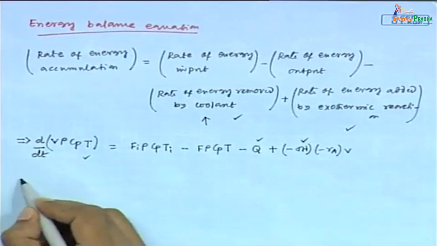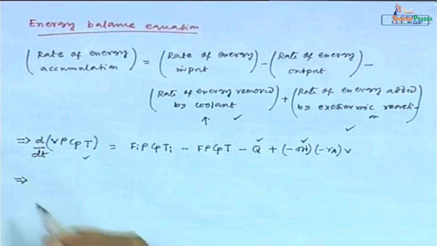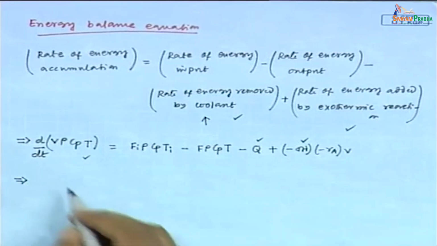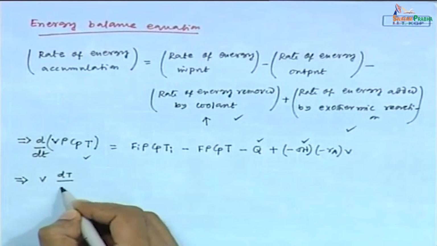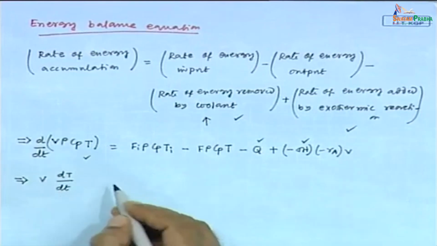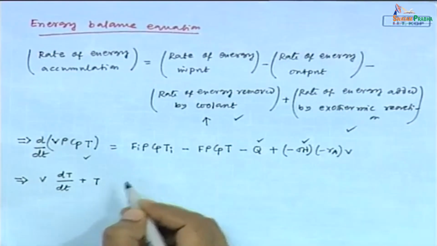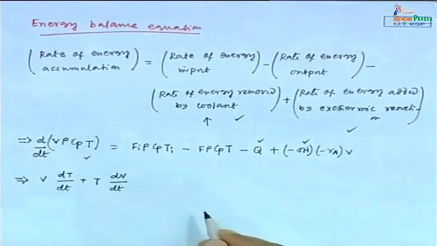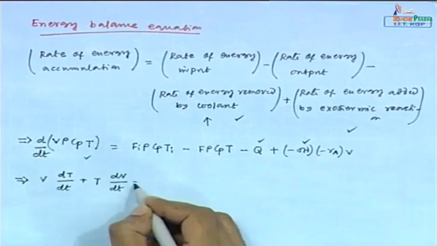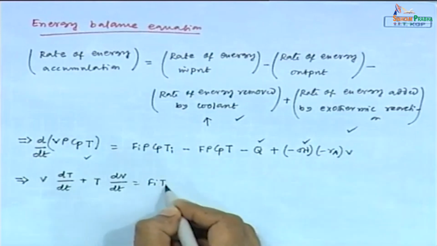Now, dividing both sides by rho Cp: V dT/dt plus temperature times dV/dt equals Fi Ti.